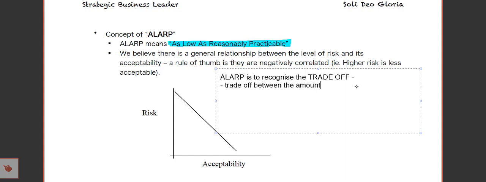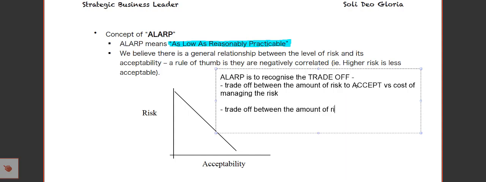The trade-off between the amount of risk to accept versus the cost of managing the risk, the trade-off between the amount of risk to accept versus the benefit from accepting the risk.